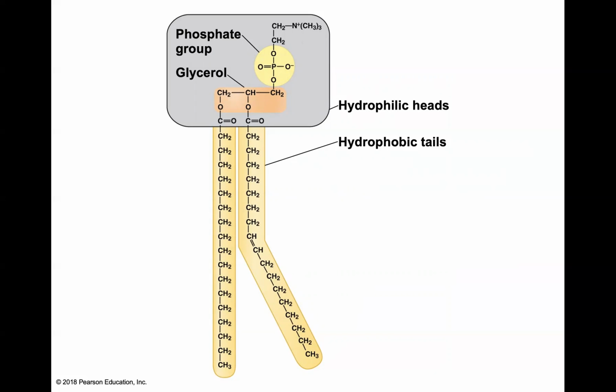We've got these hydrophilic heads that are interacting with the aqueous environment on the outside of the cell. And then we have these hydrophobic tails that are buried on the inside of this phospholipid bilayer that makes up the cell membrane. We've got our phosphate group, our glycerol, and these tails.